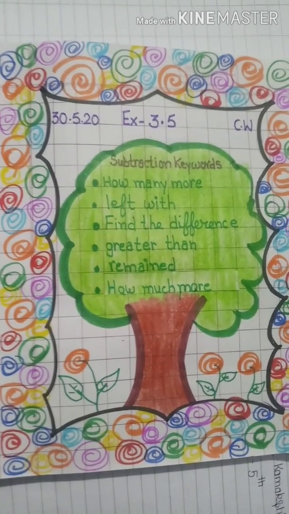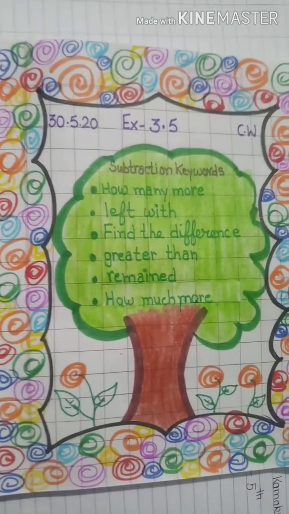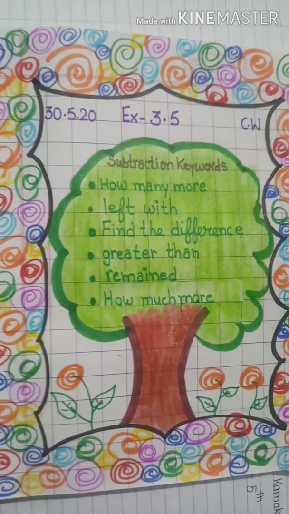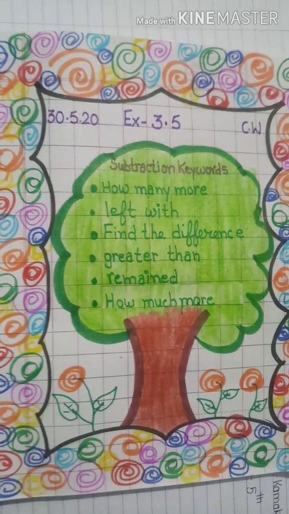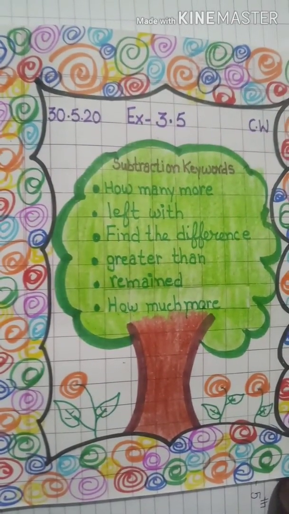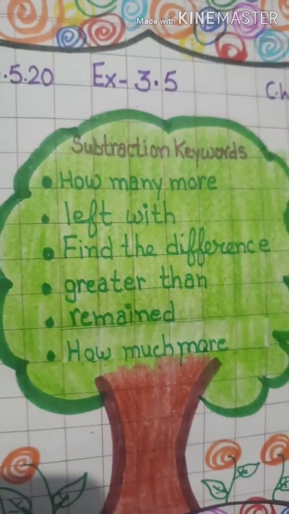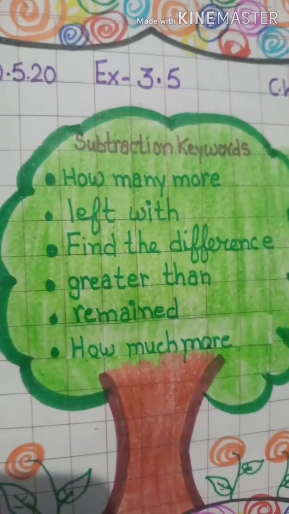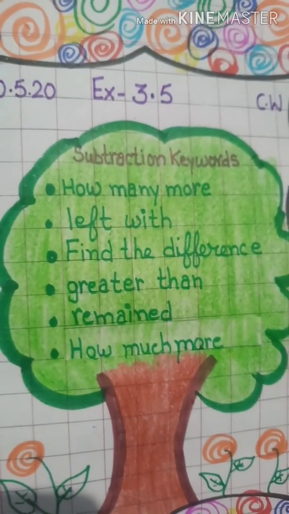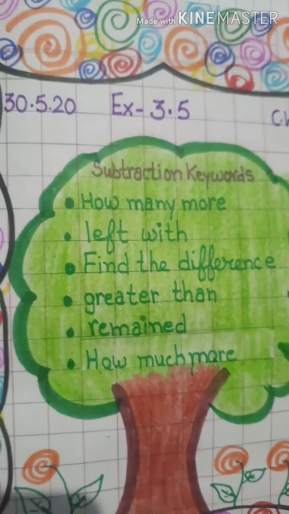These are the keywords that will help you when you solve your word problems. So once again we will revise: how many more, left with, find the difference, greater than, remained, and how much more. Hope you will remember these.